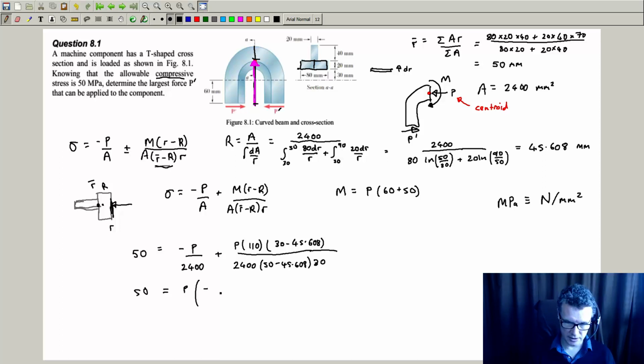It's interesting to see the size of the numbers. And here we've got 10 times 30, take away 45.608, divided by 2400 times 50, take away 45.608, times 30.